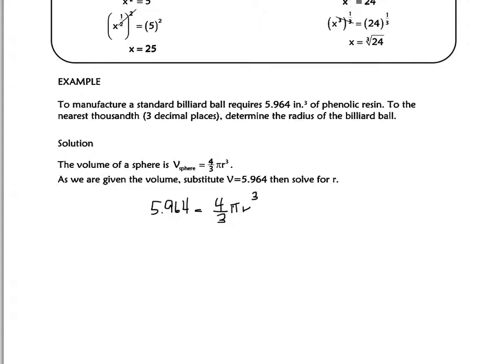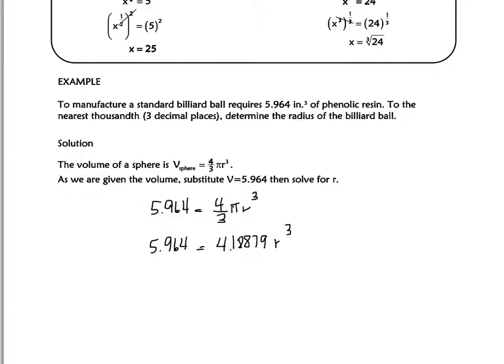Now, seeing that the volume is in decimals, I'm going to change the 4/3 pi to a decimal as well. So that would be 4 times pi divided by 3, and that works out to be 4.18879, some more decimal places, that's enough, times r cubed.